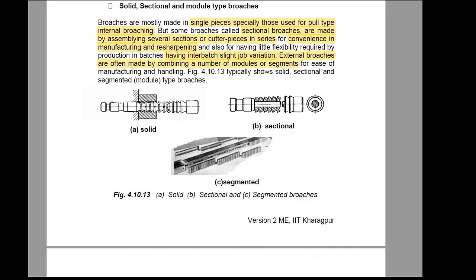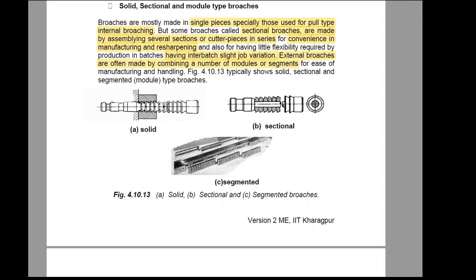Next is solid, sectional and module type broaches. The pull type broaches used for internal broaching are commonly single pieces or solid type broaches. But sectional broaches are also available. They are made by assembling several sections of cutter pieces in series.